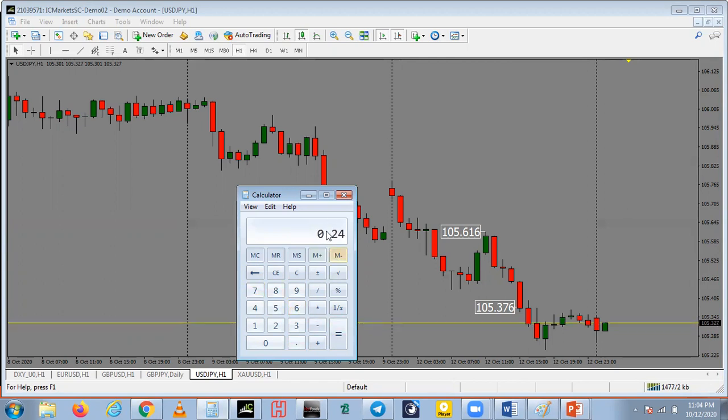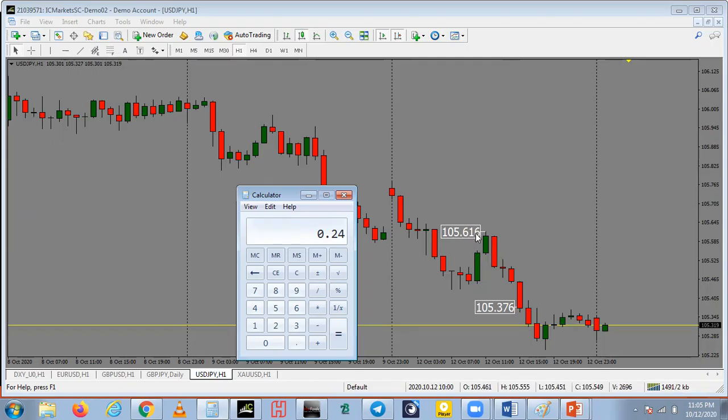What you made is 24 pips in this movement. 24 pips, 0 pipette.